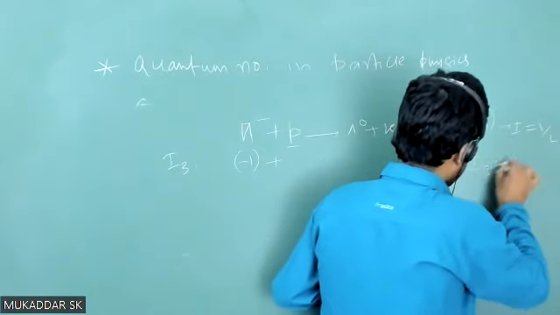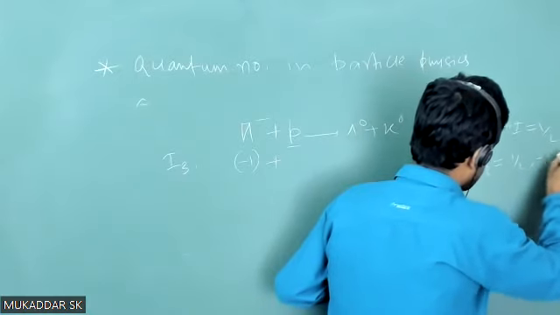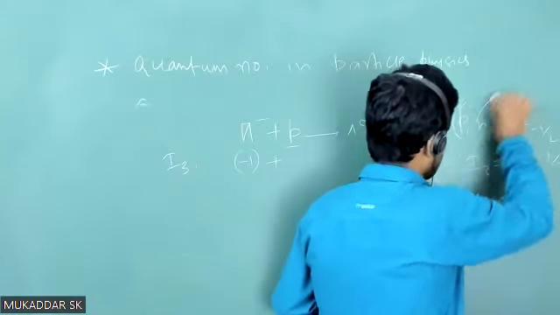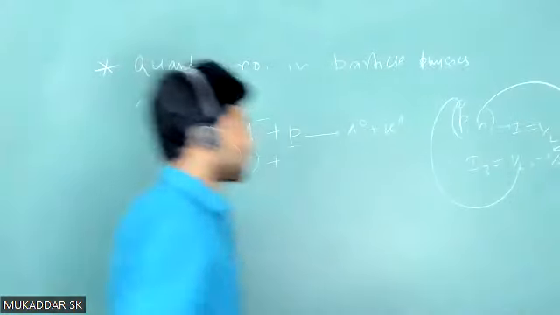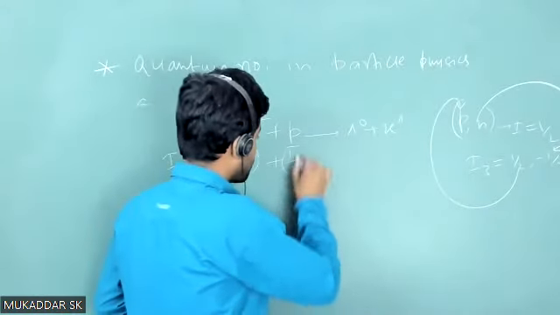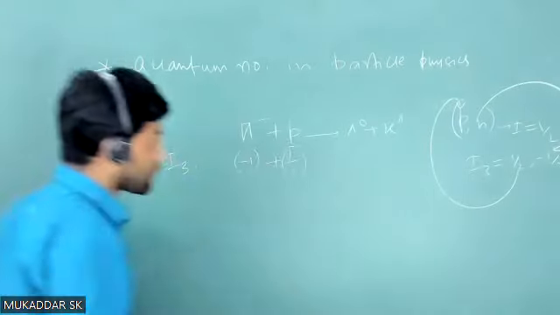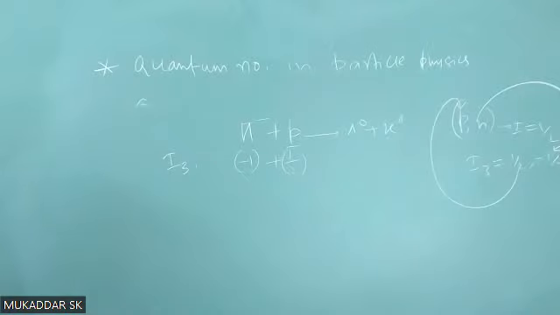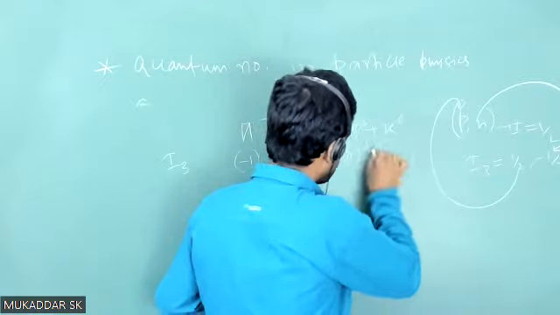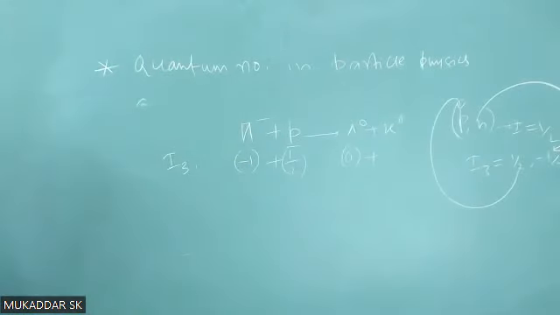I3 विल बी plus half to minus half, and plus half will go to highest charge, that is proton, and minus half will go to neutron. तो इनका क्या होगा, I3 हाफ हो जाएगा. लैम्डा 0 का कितना है, 0. लैम्डा 0 का 0, वेरी गुड.